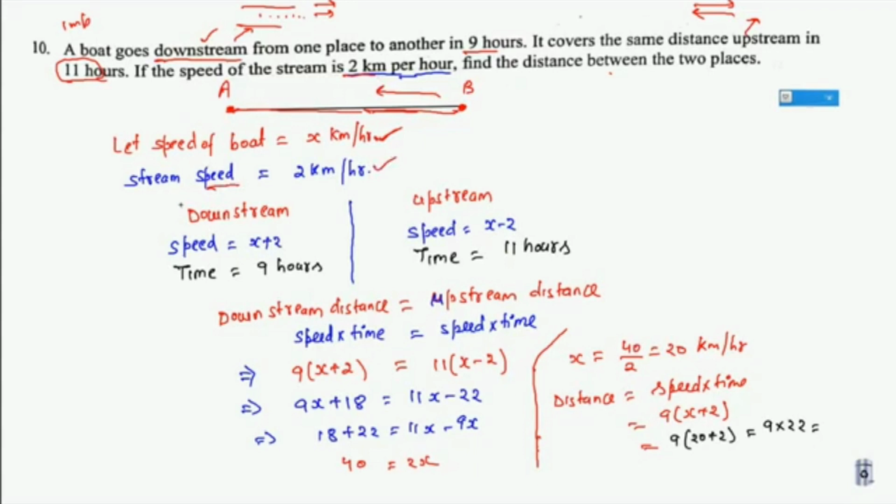In upstream we subtract the speed of the boat and speed of the stream. We will solve it. Look the solution. We have discussed this type of calculation, so you can do it.